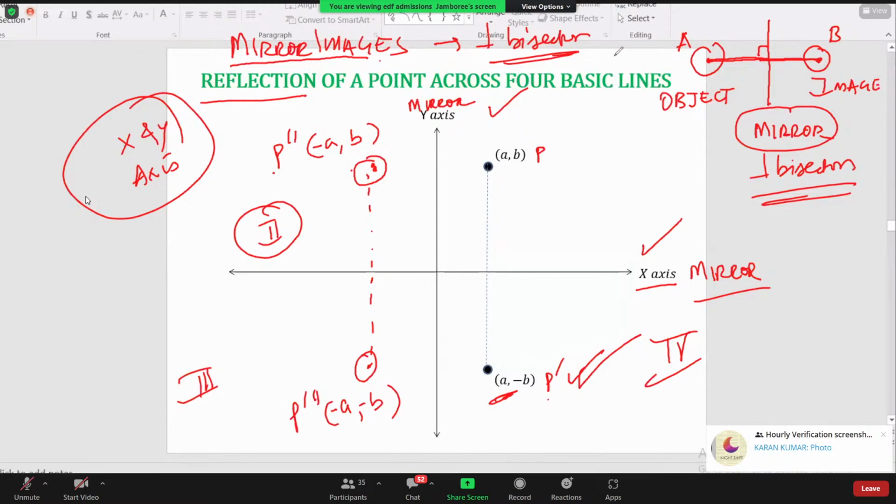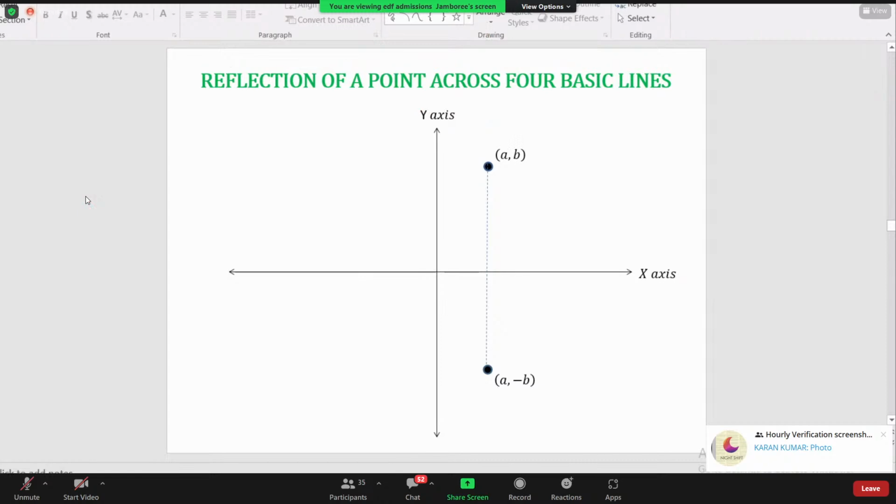Okay, guys. So this was the mirror image along the x and the y-axis. Now let us analyze along the line y is equals to x. So simply remember, if P is the object and the mirror is now placed at the line y is equals to x, having the coordinates a comma b, then let's say Q will be the image formed.